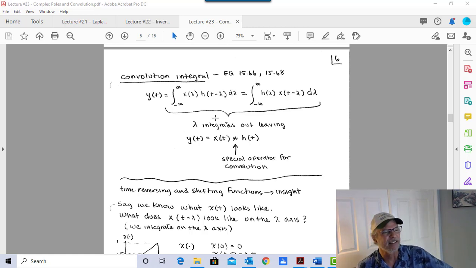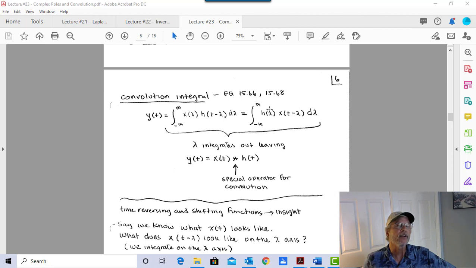Okay, so that's a nasty looking integral. It's got a lot of stuff going on. It's got this dummy axis of integration, which is lambda, and we've got this time reversal going on with t minus lambda. It is not a pretty thing.